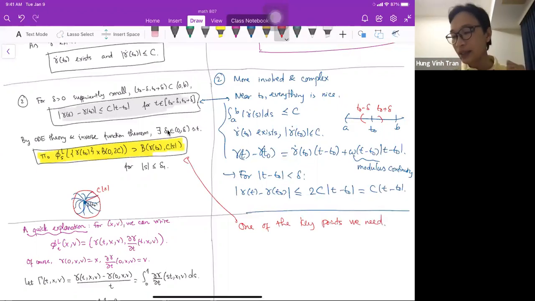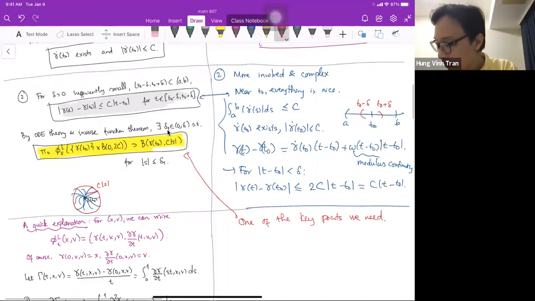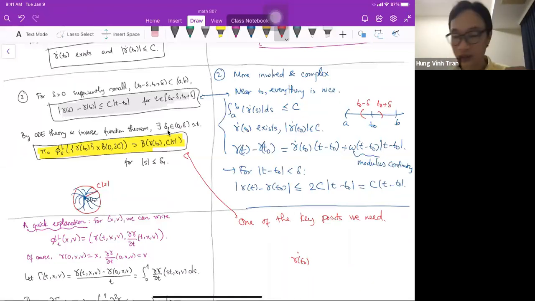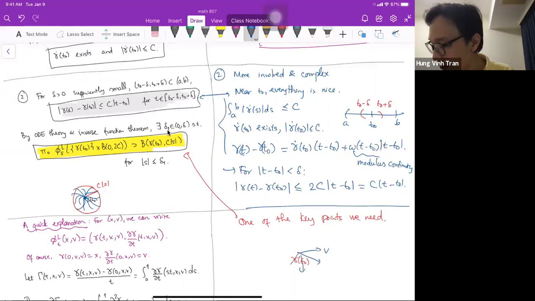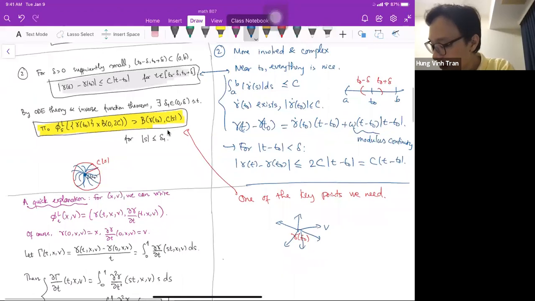And what we mean here is essentially, let me say it in words. You start at a point, gamma t naught, and you are allowed to go with any given velocity. You can go with any chosen velocity along any direction. So velocity v can be anything in the ball of center 0 radius 2c.